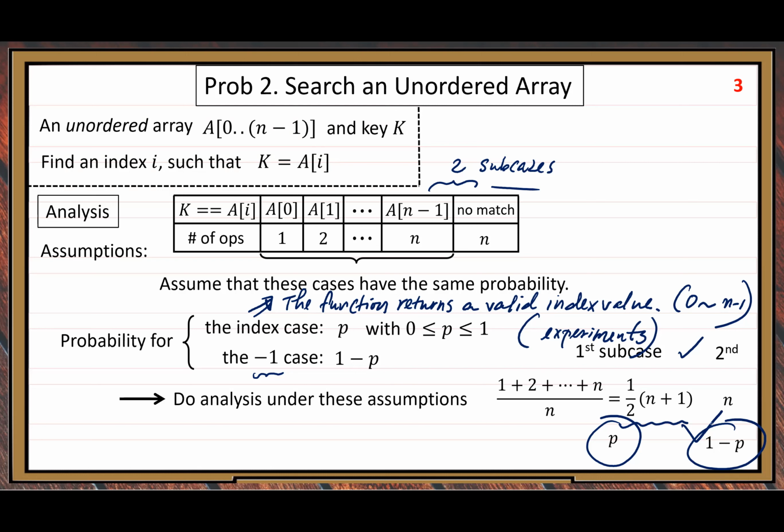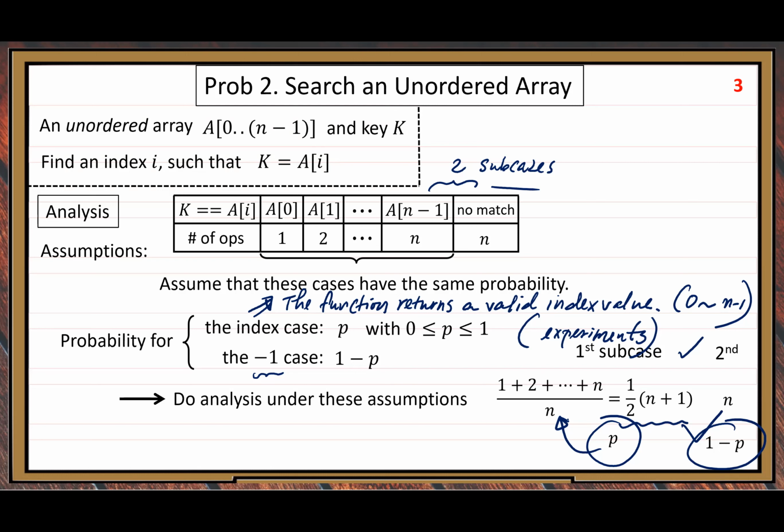The larger the probability, the more contribution of that subcase; the smaller the probability for each subcase, the smaller the contribution of the corresponding subcase.